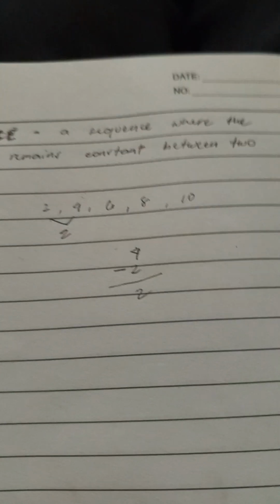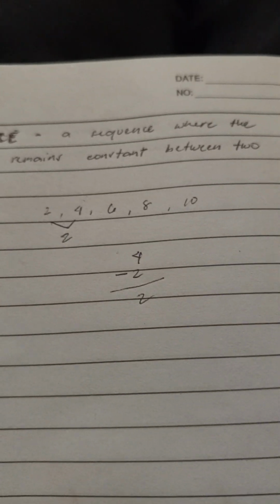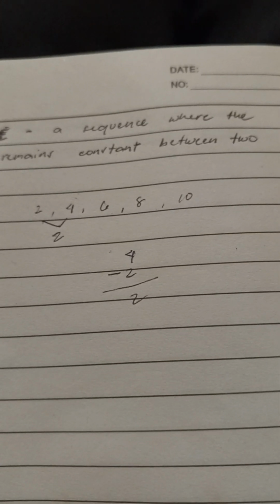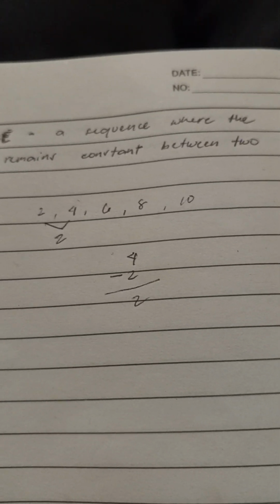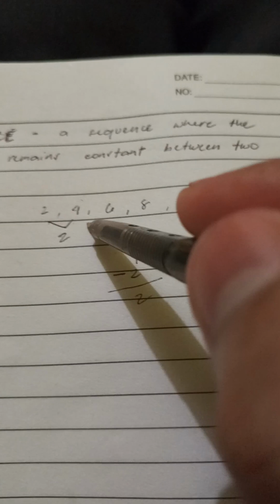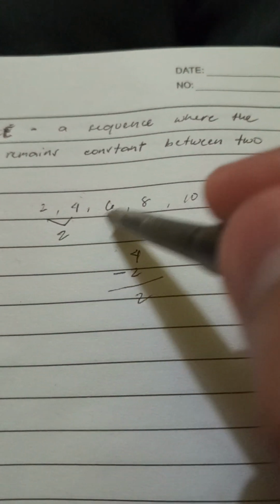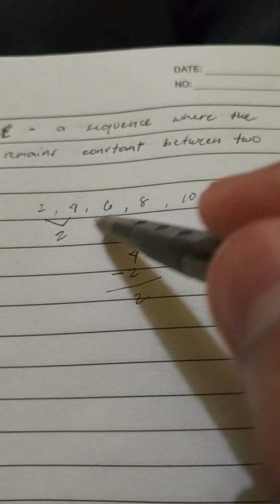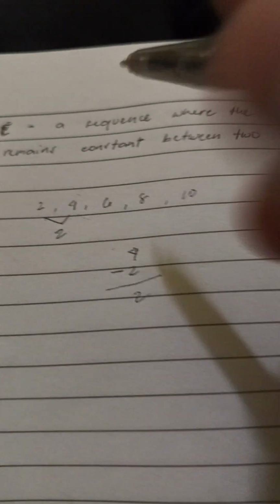So 2 is their common difference. It is said that an arithmetic sequence is a sequence where the common difference remains constant.